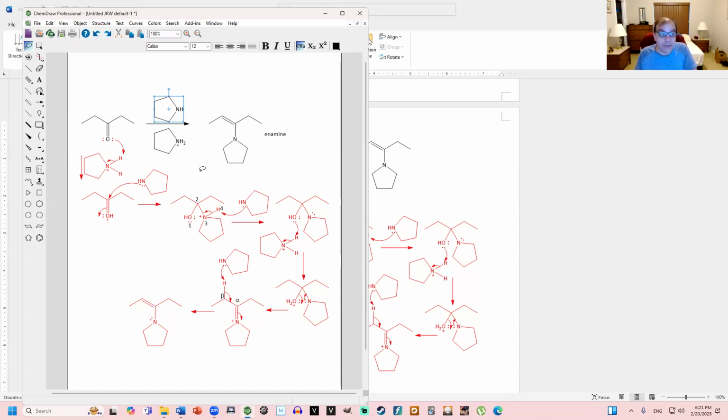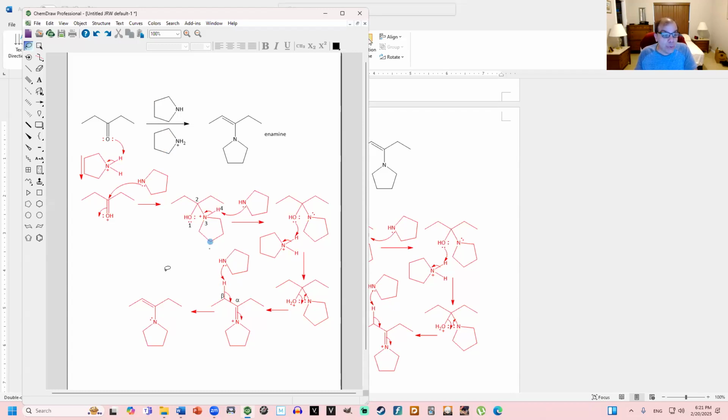There's no water present. The way you know there's no water present is because H2O is not mentioned above or below the arrow. So the amount of water that's present even after this molecule of water is produced is minuscule. It's much too small to affect the outcome of the reaction. So it makes sense instead to use the amine as our base. So that's what we'll do.